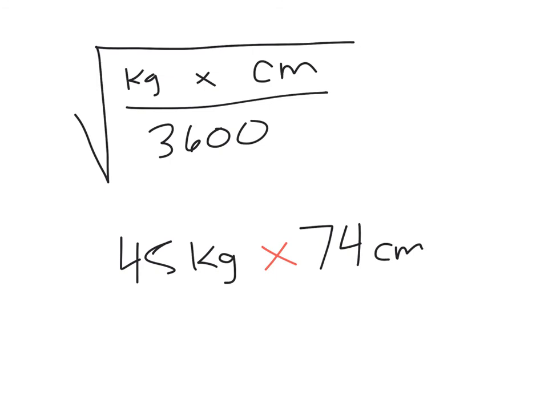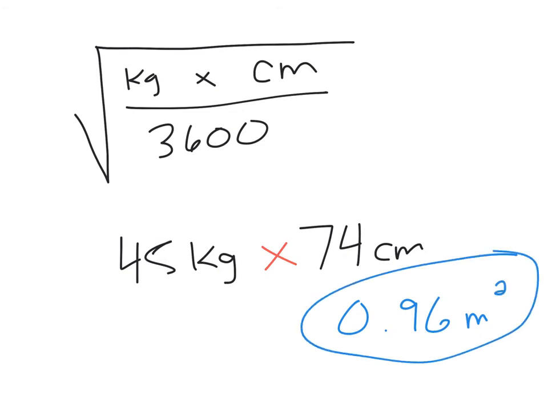Oh, hang on, I'm doing this wrong. Oh, I lost it. Sorry. It was 45 times 74 divided by 3,600, and then taking the square root gave us 0.96. Does that sound right? Okay, yeah, that was right. It was 0.96 is their body surface area. The unit for body surface area is meters squared. So this particular individual will be 0.96 meters squared.